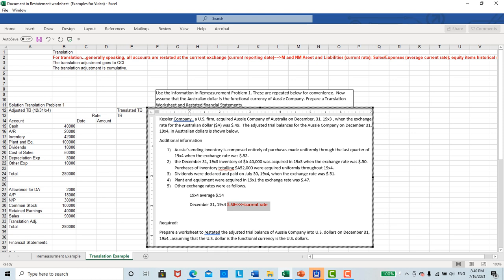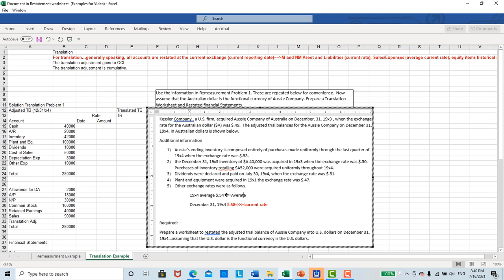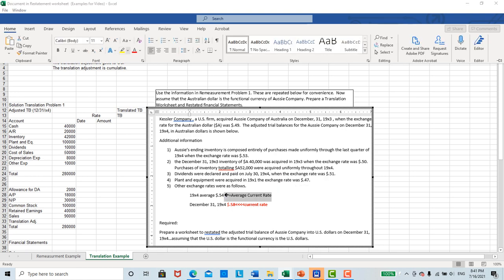Then we're going to use the 19X4 average current rate. It's still a current rate for the current year, but it's the average, and it makes sense because these items are incurred evenly throughout the year.